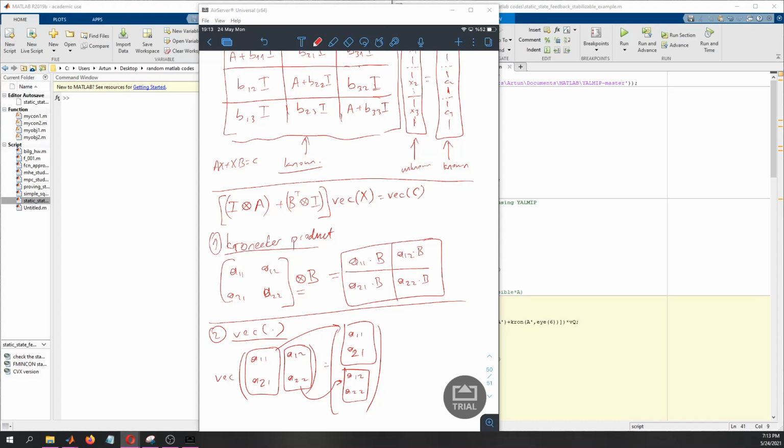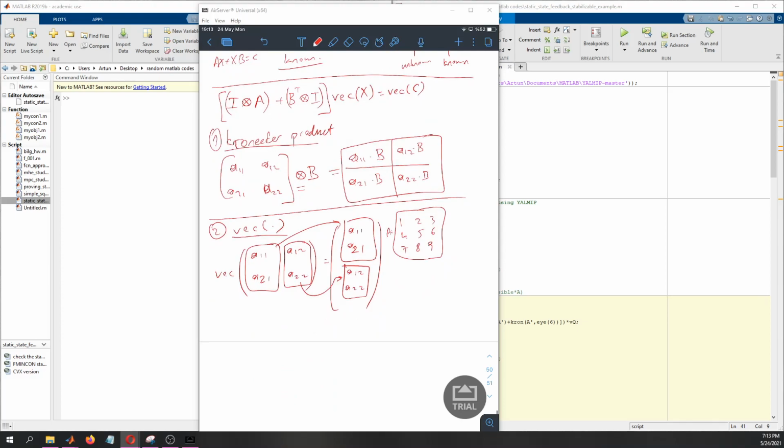For example, let's say 1, 2, 3, 4, 5, 6, 7, 8, 9, and this is A. When I use MATLAB and type in this command, I will get a vector: 1, 2, 3 first column, second column, and third column 3, 6, 9.